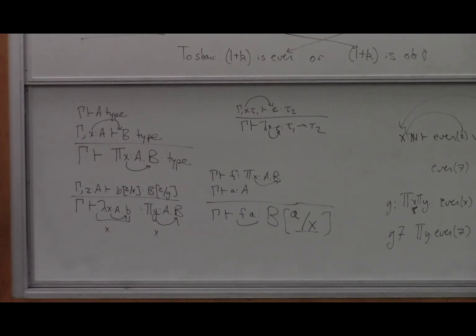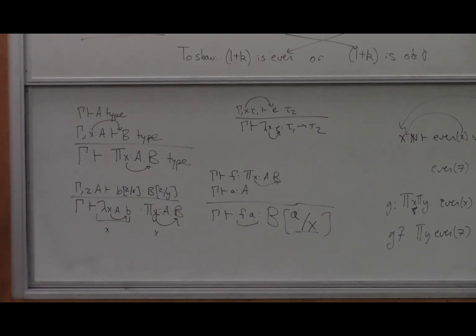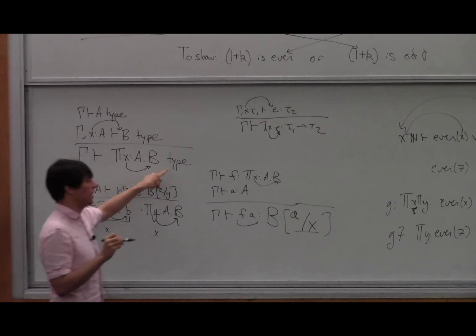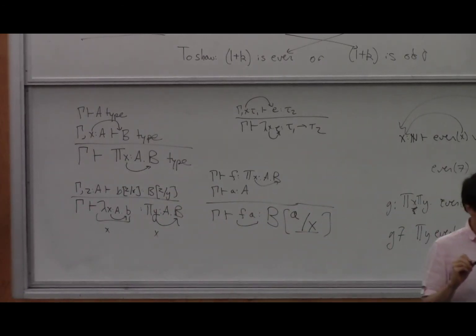So, no. The way that I'm doing things, there's a separate judgment, 1, that A is a type, and 2, that A is an element of A. So we can introduce a universe in a little bit, which will turn this into being element of a type. But here I think of the judgment of being a type as being just a separate judgment from being an element of a type.